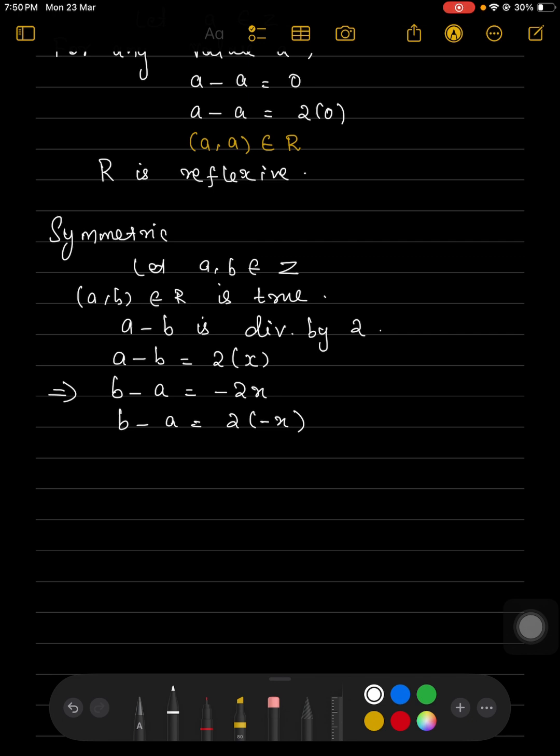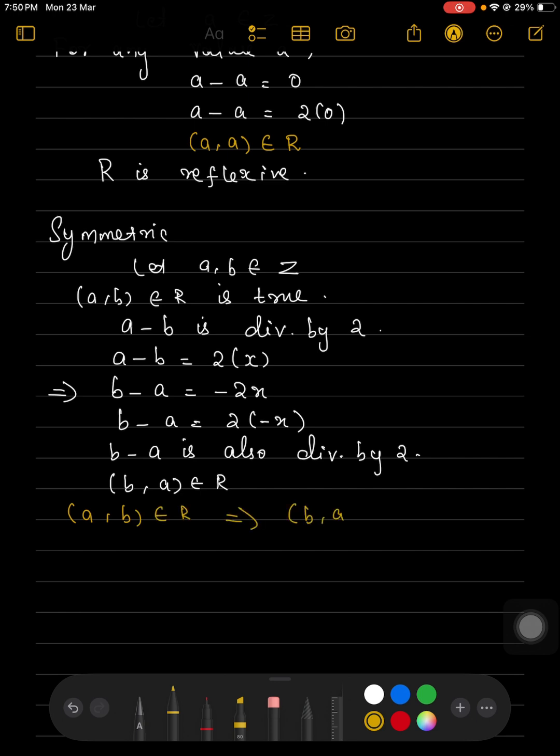Whenever I am able to write 2 times an integer, it clearly tells that it is divisible by 2. So b minus a is also divisible by 2. So I find the pair (b, a) is in relation. You remember the definition? If (a, b) is in relation and you get (b, a) also in relation, then we say that R is a symmetric relation.